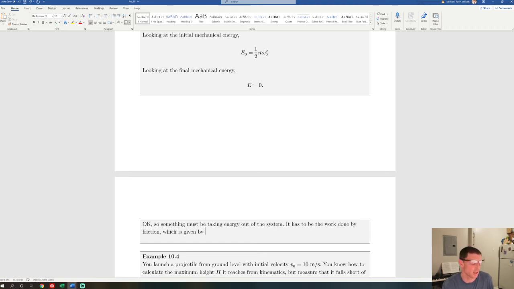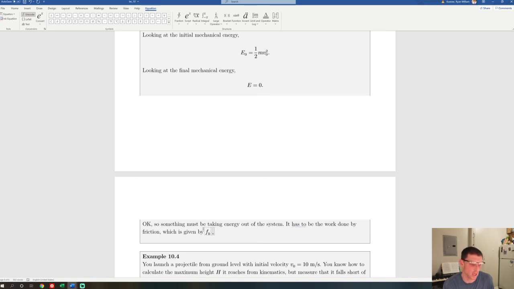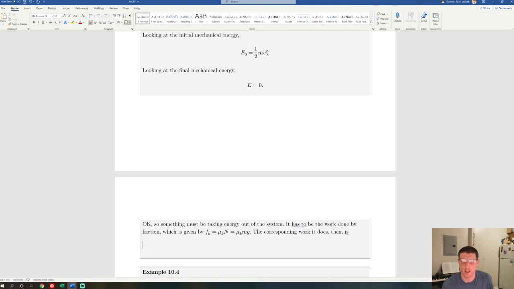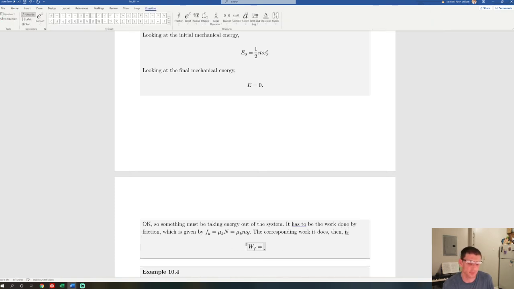The friction force, F_k, equals the coefficient times the normal force, and this is simply mu k m g. So this is the magnitude of our friction force, and the corresponding work it does is going to be W sub f equals mu sub k m g times script L. So this is what we want to solve for, this distance the block slides.